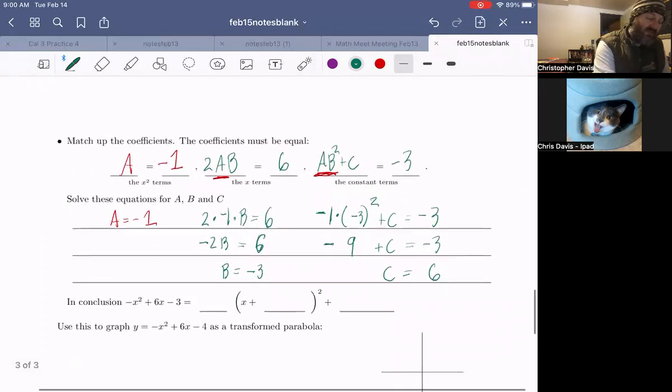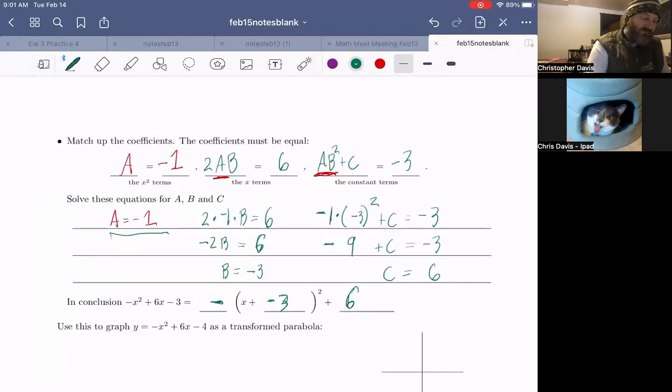So now we know everything. -x squared plus 6x minus 3 is negative from the a term, x plus b, x plus -3, quantity squared, plus c, plus 6. And before we use that, no, let's use it and then check. Let's use this to graph that thing.